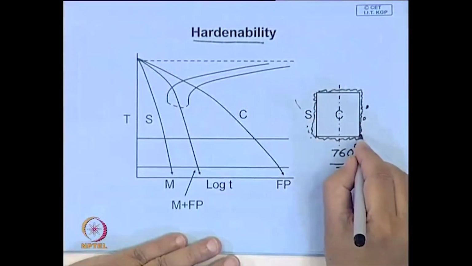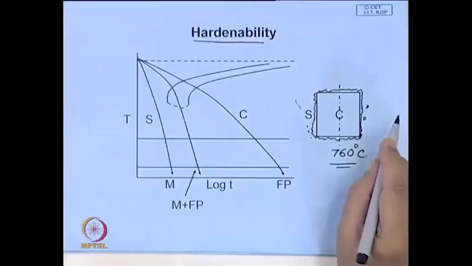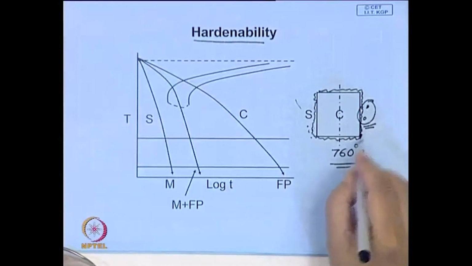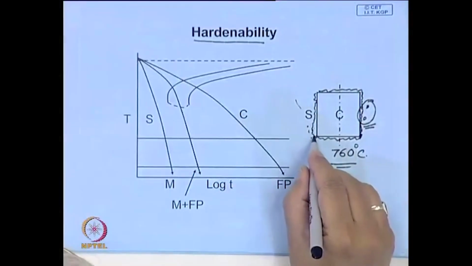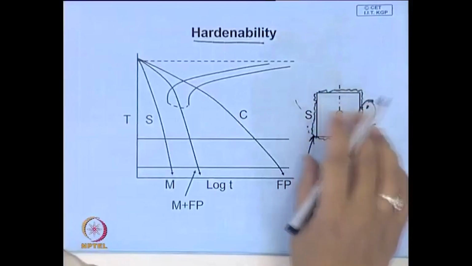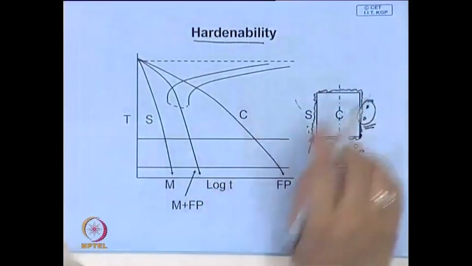this is the place where you will have the maximum heat transfer rate. So, you have to try to promote that kind of heat transfer, which means you do not allow the steam blanket to form. By this it is possible to cool a job.